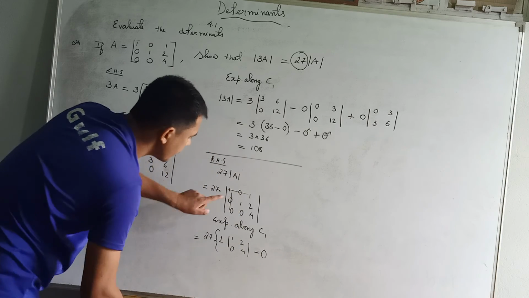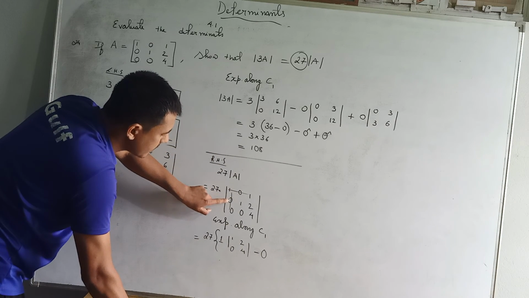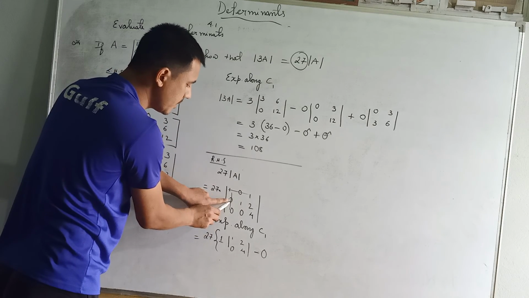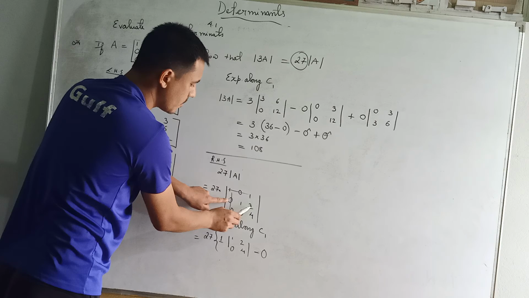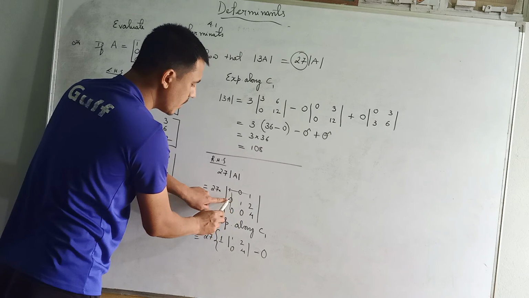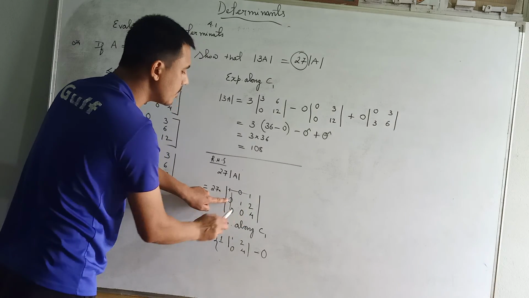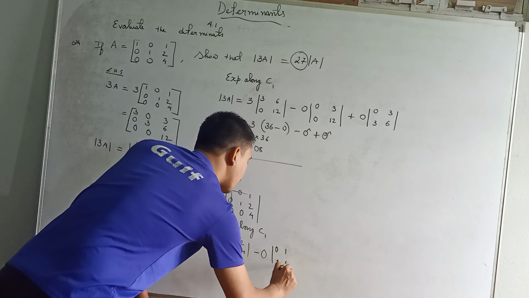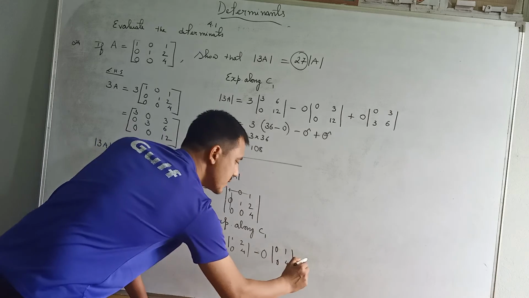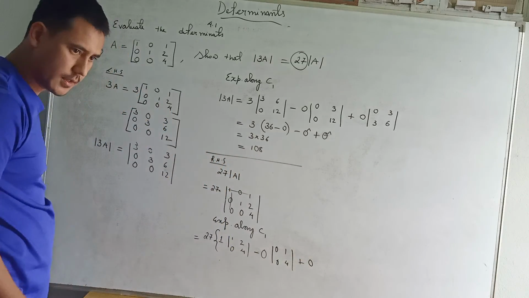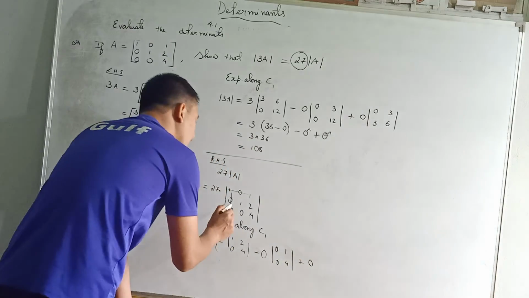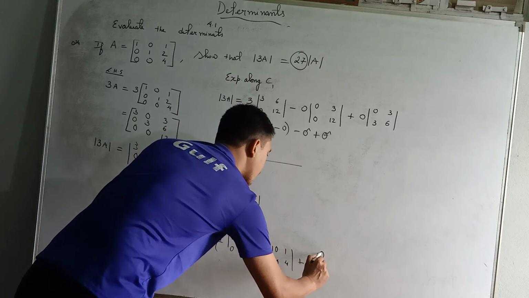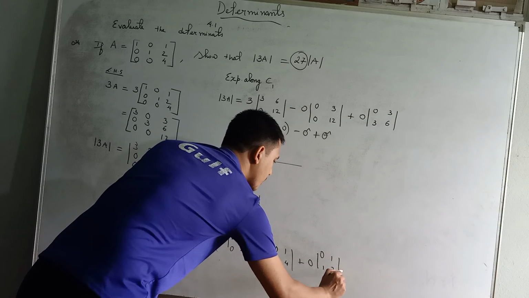Alright? This entry belongs to the first column and second row. So we neglect that row and column and we write the determinant of the remaining values: 0, 1, 0, 4. Plus the next entry is 0, right? So we neglect the first column and third row, and the remaining entries are 0, 1, 1 and 2.